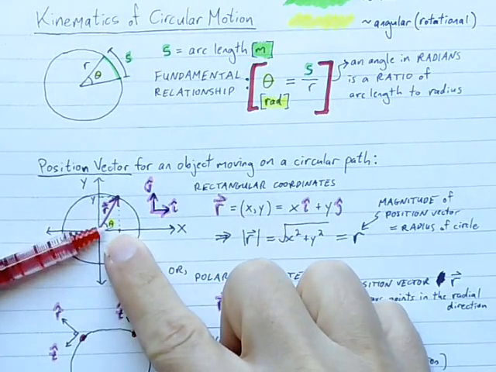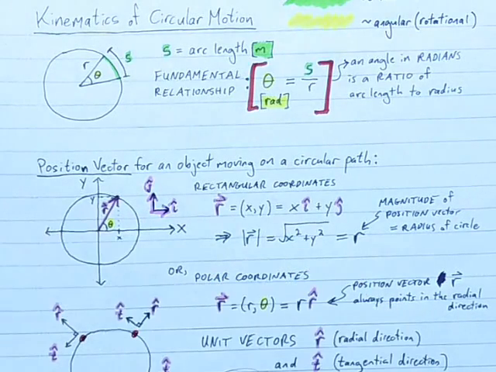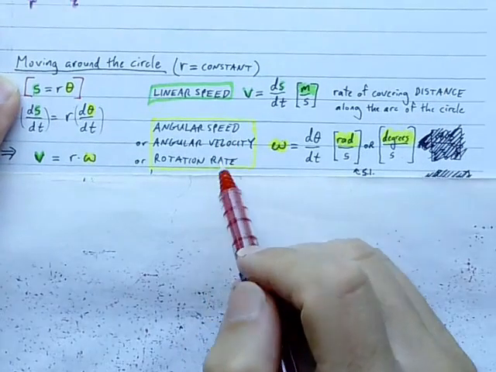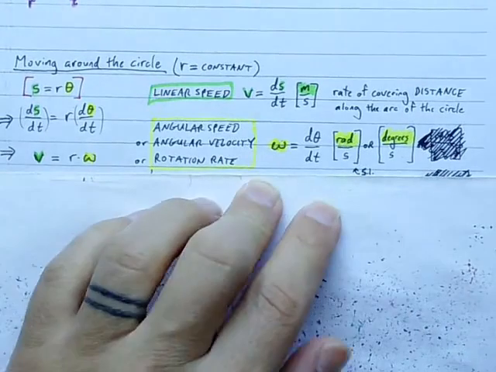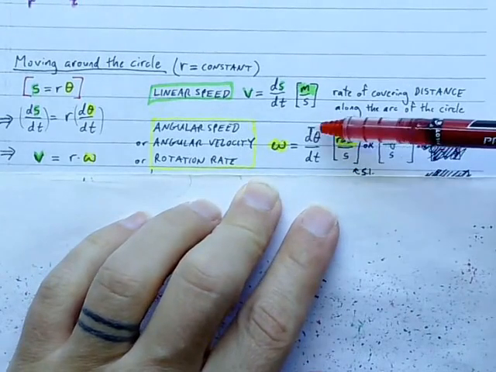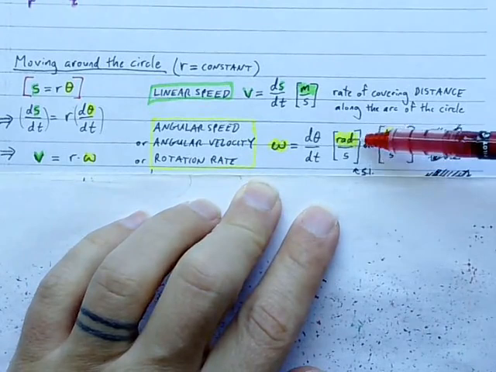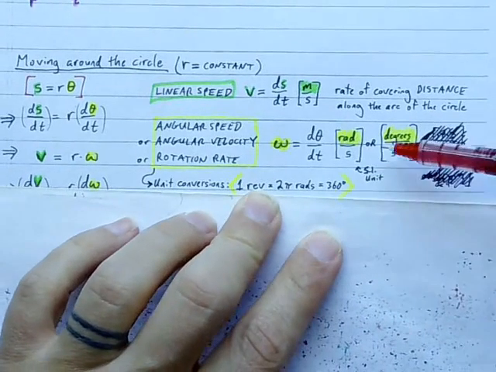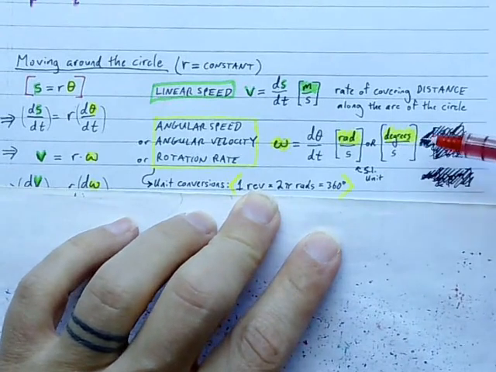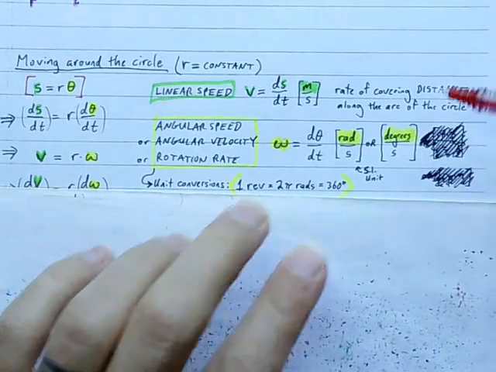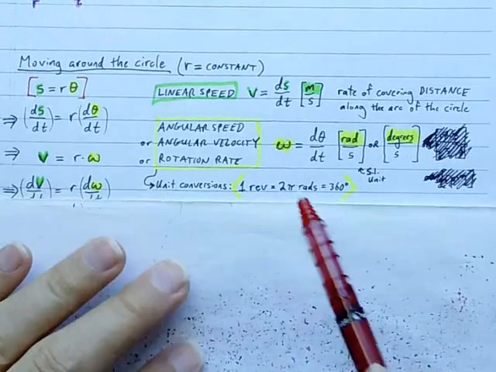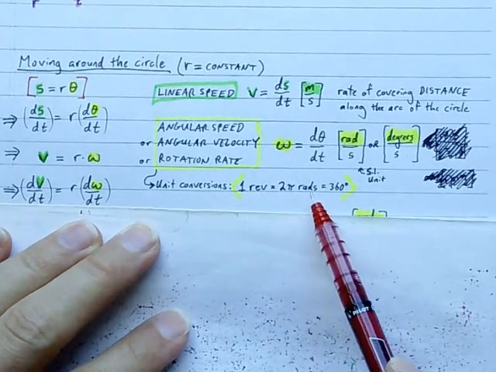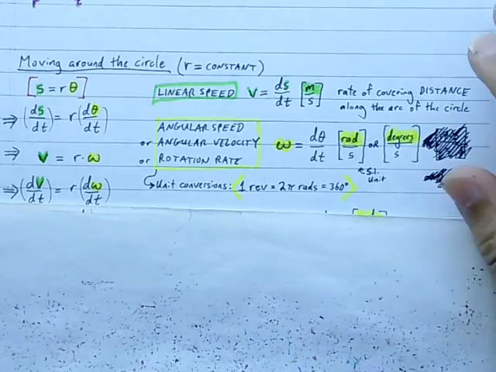So the rate at which that angle is getting bigger, that's what we call our angular speed or our rotation rate, omega. So unit-wise, that's measured in radians per second. That's our SI unit, or sometimes we can use degrees per second as our unit. And here's our unit conversion. 1 revolution around the circle equals 2 pi radians equals 360 degrees.